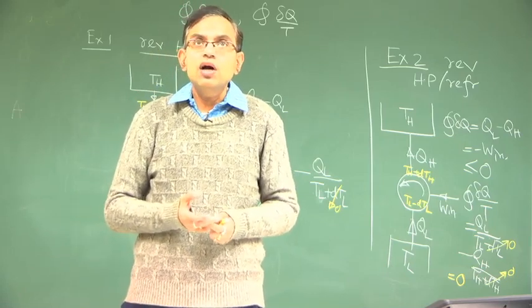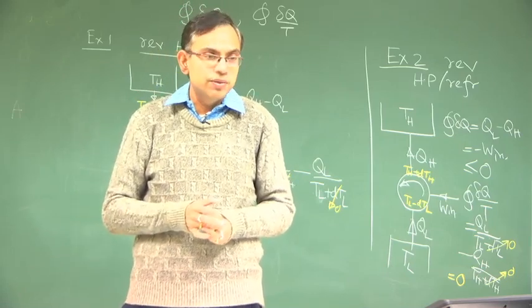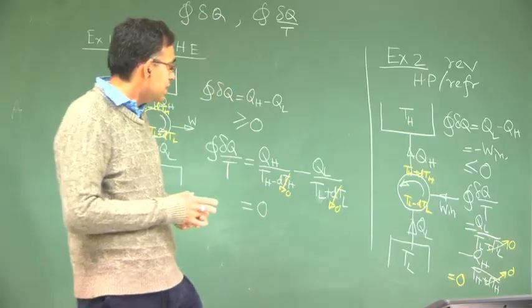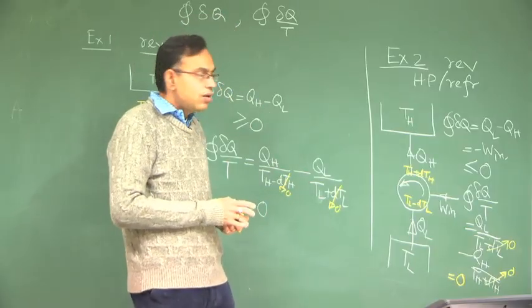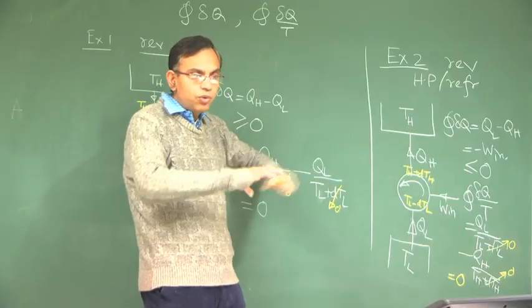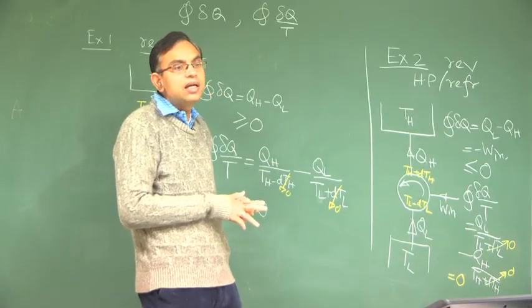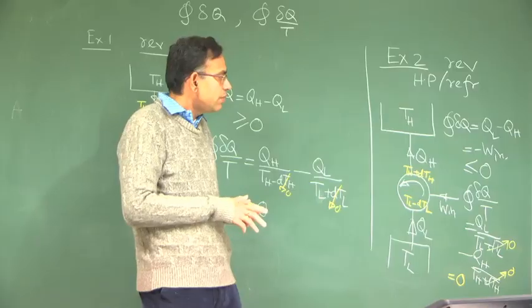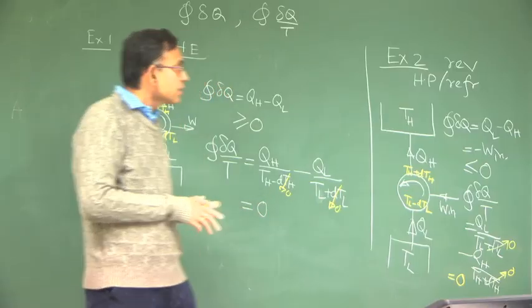One is work producing, another is work absorbing. This is an example of work producing, this is an example of work absorbing. In both the cases you have cyclic integral of del q by T equal to 0.